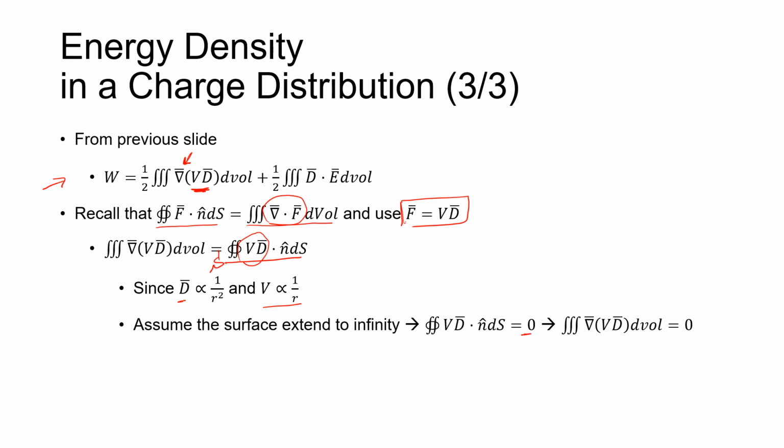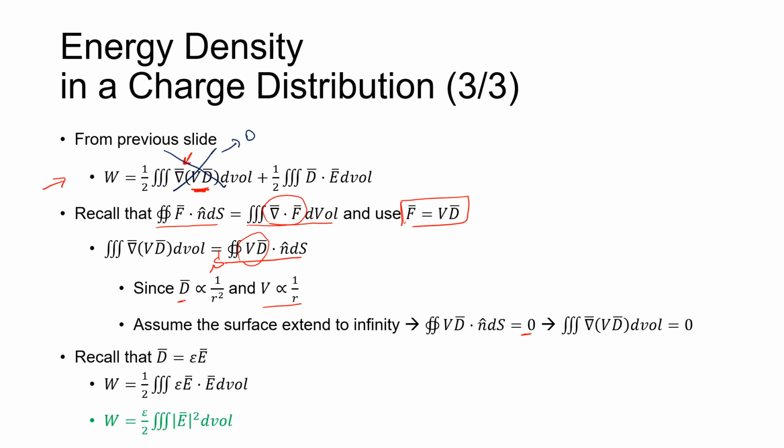So we can claim at the end that this term is nothing but 0. So we can rewrite our equation, after substituting with D equal to epsilon E, as half the triple integral of epsilon E dot E dv. So finally, we can rewrite as W equal to epsilon over 2 times the triple integral of E squared dv, because E dot E is nothing but the magnitude E squared.